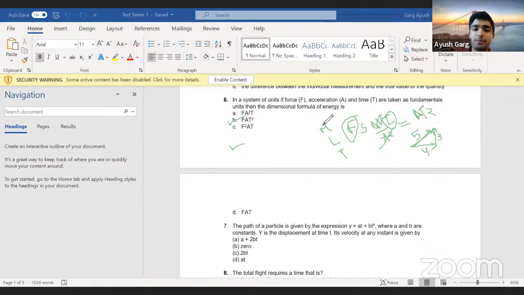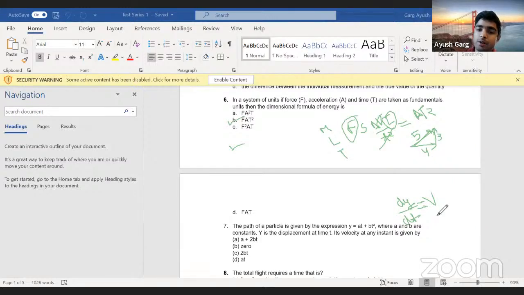Now you have to find the velocity at any given time t. It's very easy. I'm sure you must have seen dy upon dt. Dy by dt is nothing but velocity, and dv upon dt is nothing but acceleration. So dy upon dt is your velocity.